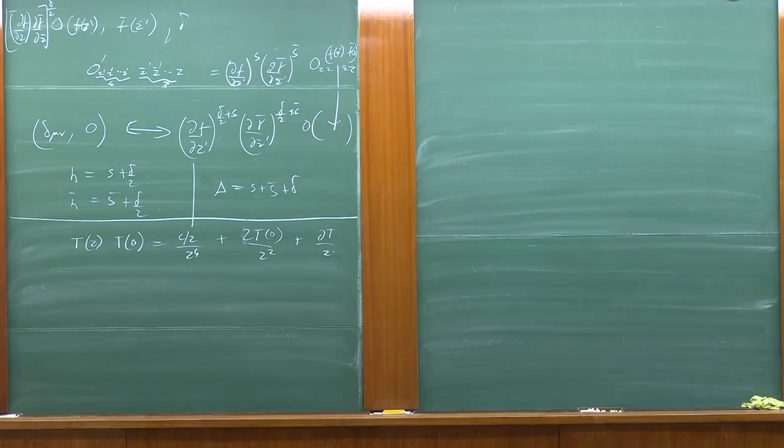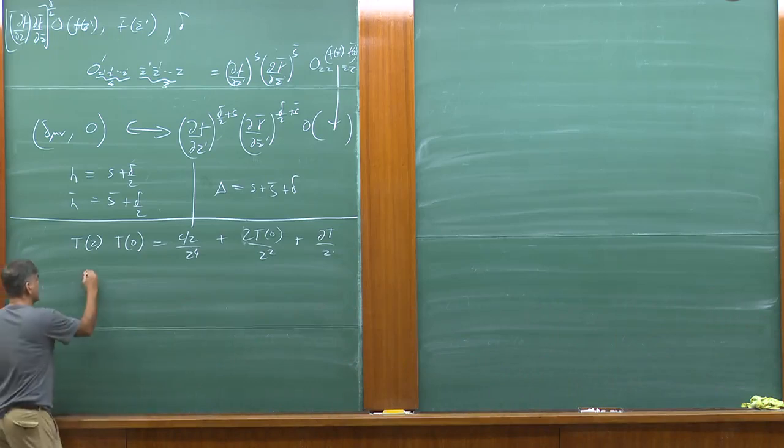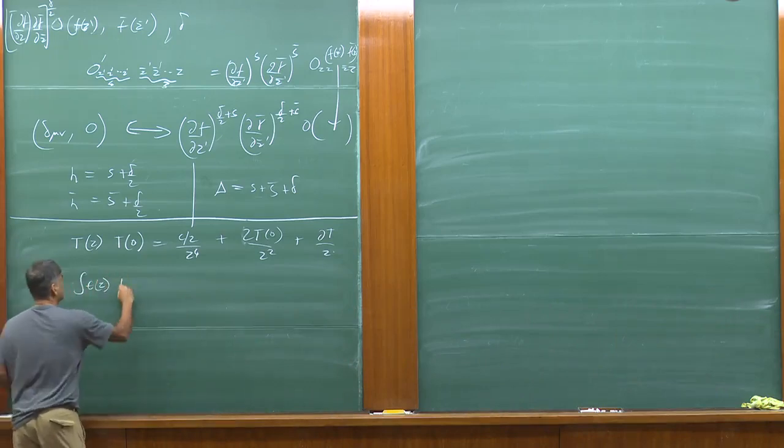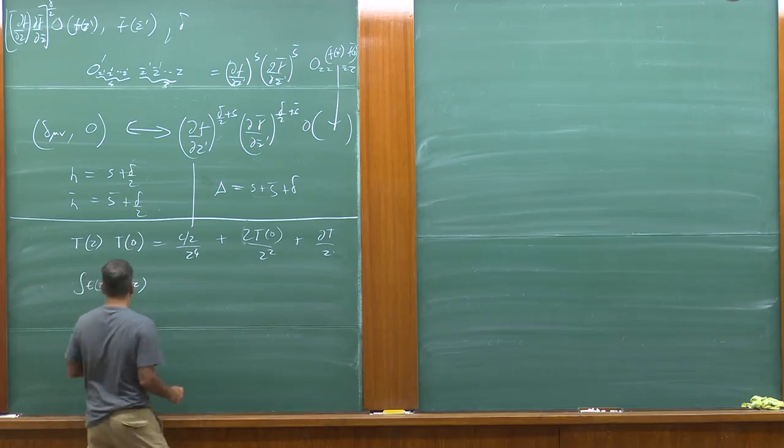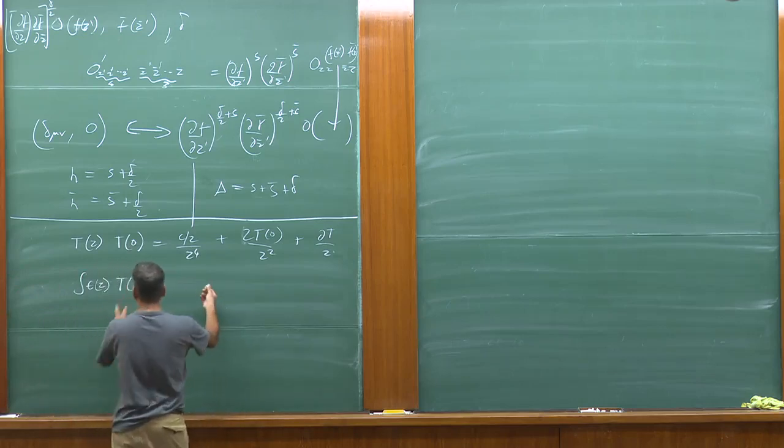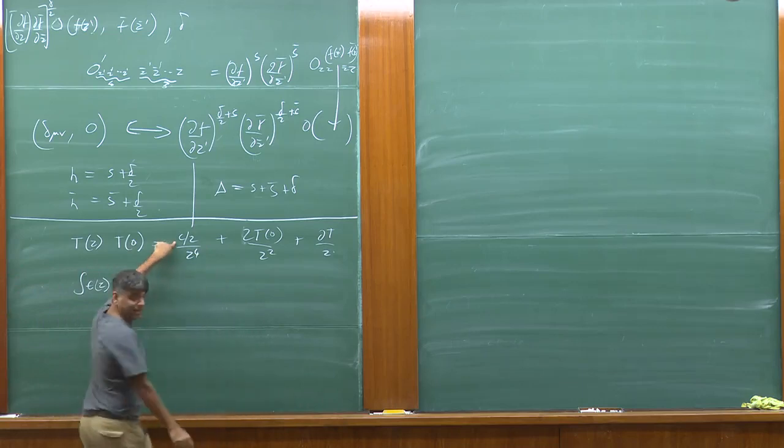Okay, but there's that other irritating term, that C by 2 divided by Z to the 4. This term tells us that if we look at the symmetry with the current being epsilon of Z T of Z, the transformation under this symmetry is, let's see, we want the pole from here.